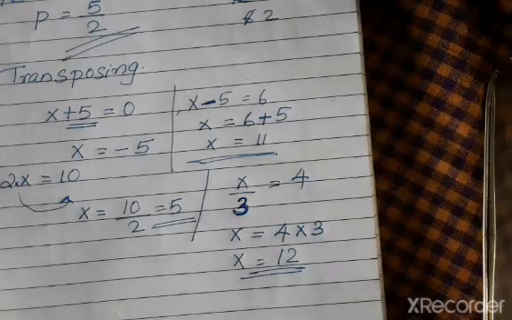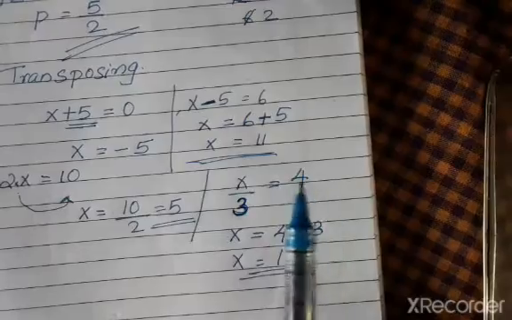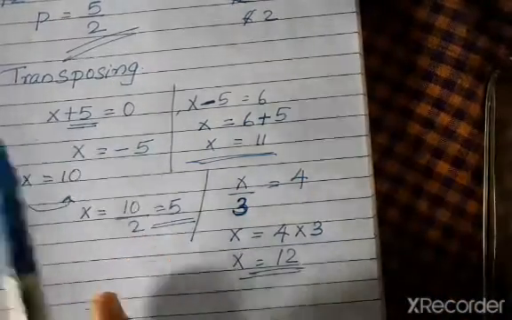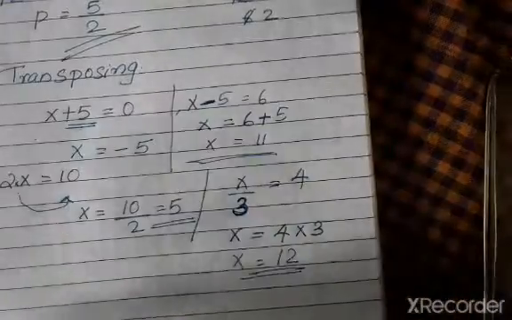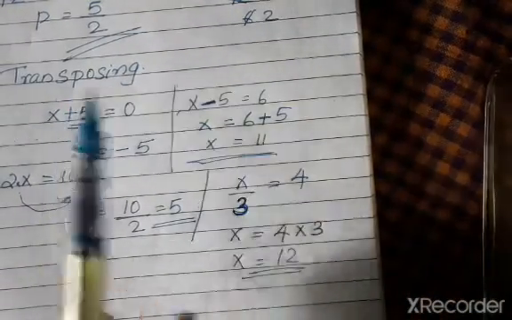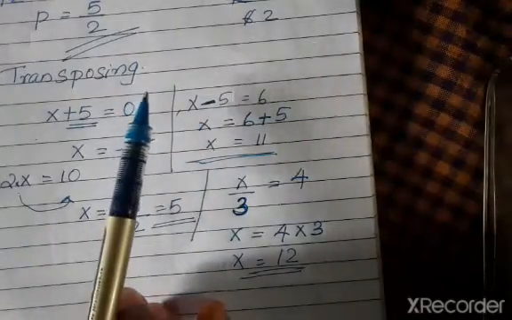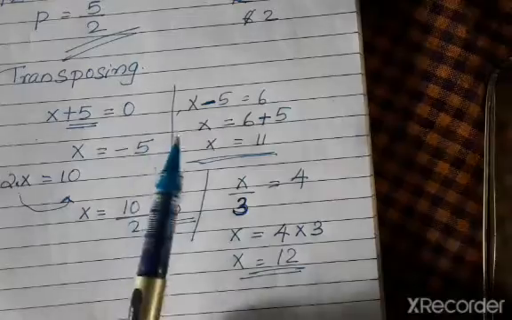Clear, children? So always remember, transposing means changing side, changing left hand side to right hand side, or right hand side to left hand side. When you are changing the side, the important thing is the sign of the number will change.